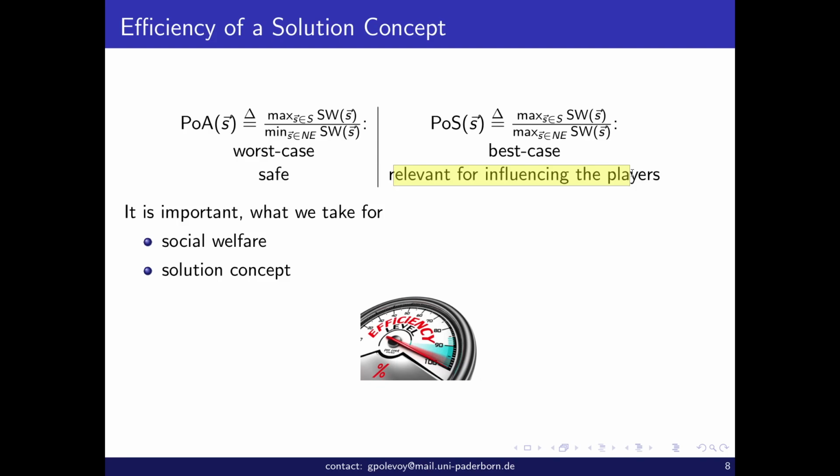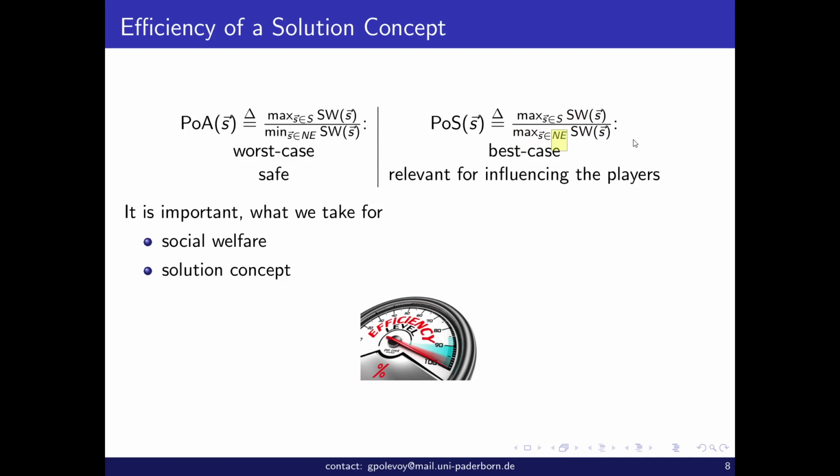But they both talk about the efficiency of a given solution concept. In those formulas, we can always look at various notions of social welfare. As I said, we are looking at the so-called utilitarian social welfare. That's not the only one. We can also look at different notions of the solution concept. So we divide the maximum social welfare by the minimum or maximum of the social welfare in a Nash equilibrium.